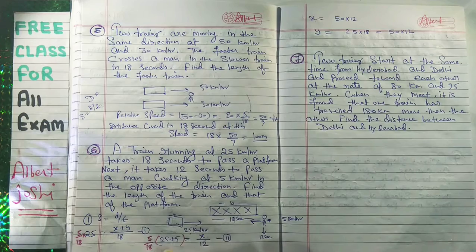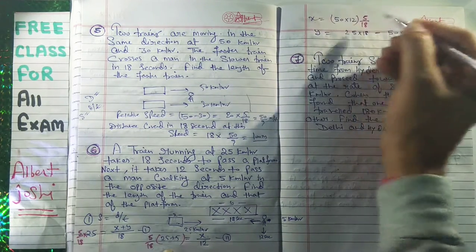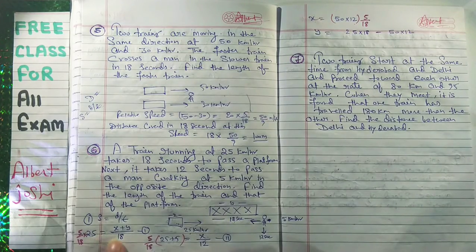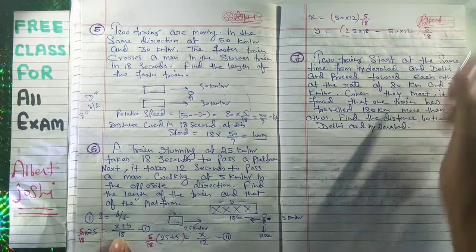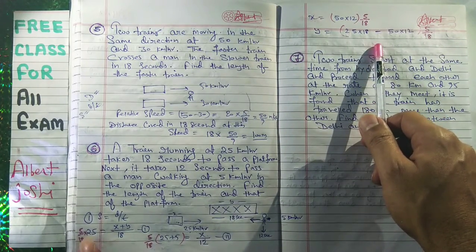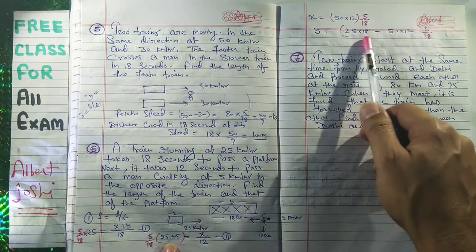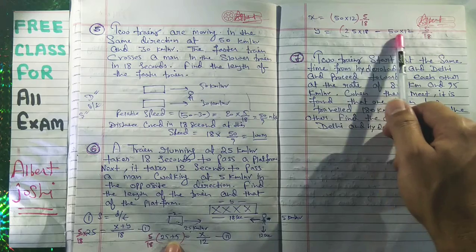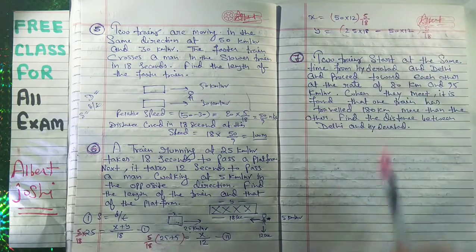Now you can calculate. So your x is 30 into 12 into 5 upon 18, and your y will be 25 into 18 into 5 upon 18, minus 30 into 12 into 5 upon 18. We have taken the 5 upon 18 outside.